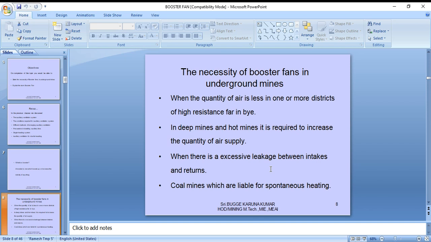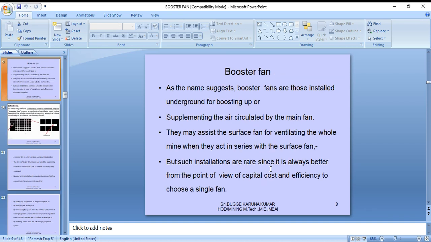When there is excessive leakage between intakes and returns. Coal mines which are liable to spontaneous heating.